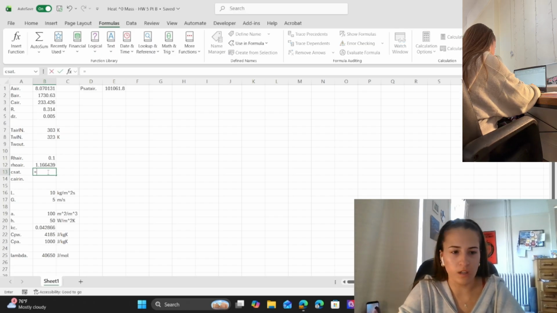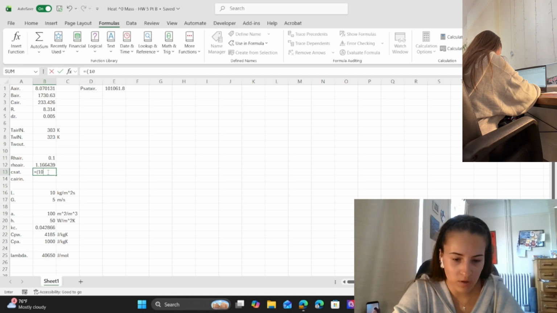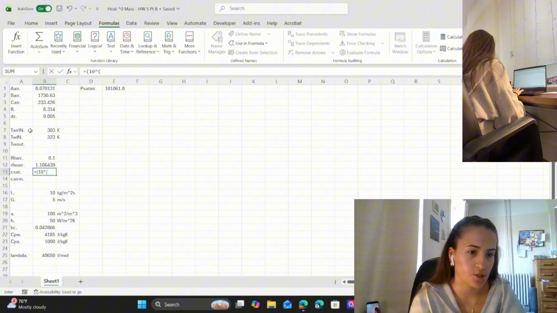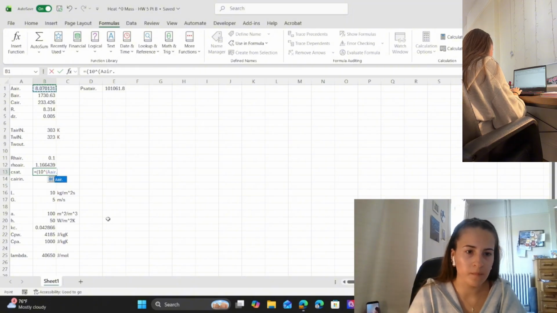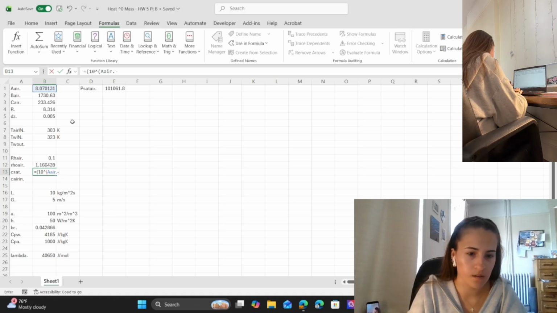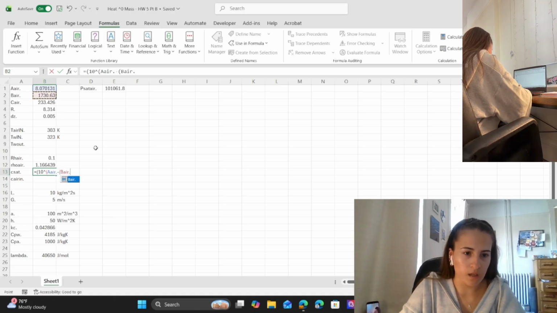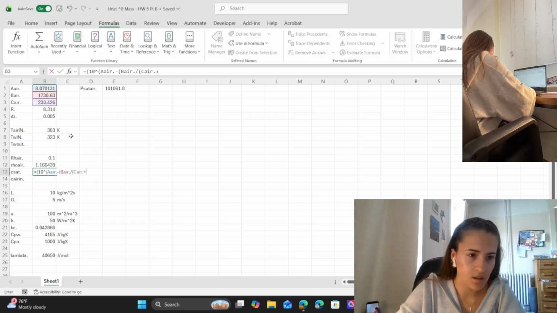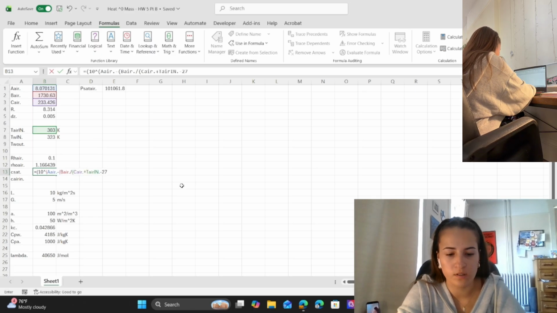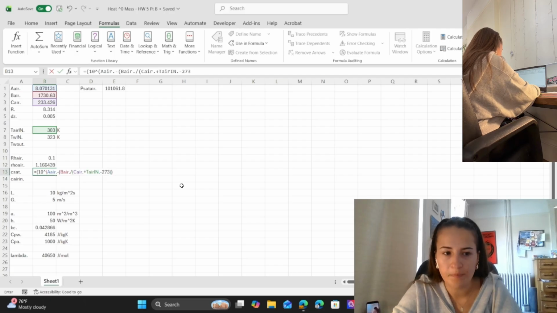And that will be equal to our Antoine's equation again, but this time we're going to be solving actually for the temperature of the air coming in. So it'll be A minus B divided by C plus temperature in, and then we have to subtract from 273 this time because that is in degrees Kelvin.